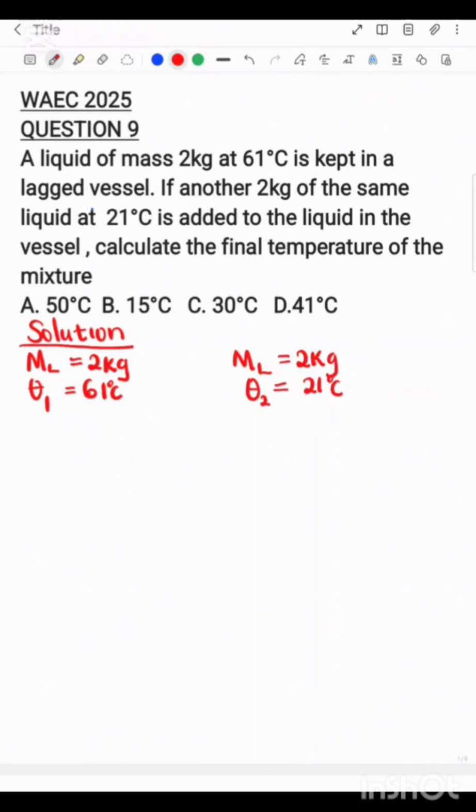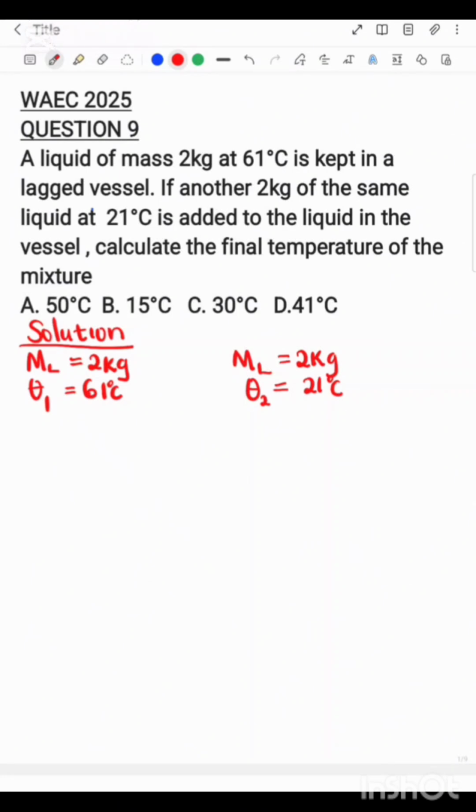Now, this is under heat and temperature. This is when you have specific heat, specific latent heat. In physics, we are meant to understand that heat will be transferred whenever there is a contact between a lower temperature body and a hotter temperature body. Heat will be transferred from the hotter one to the lower one.